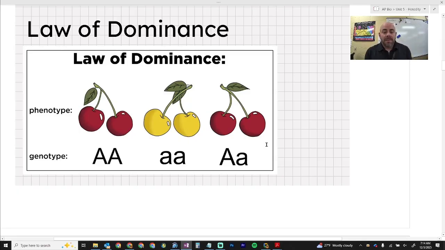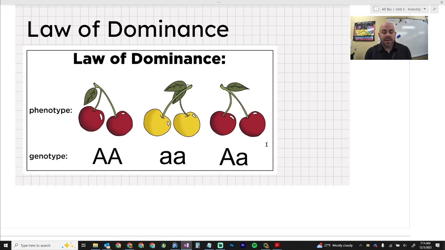Homozygous dominant, because it's dominant. There's also homozygous recessive, which is what you see with the yellow cherries there. Two gametes that had the recessive allele came together, and you get a homozygous recessive individual.